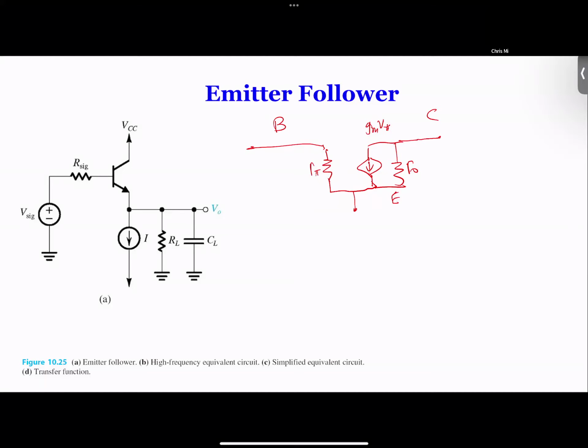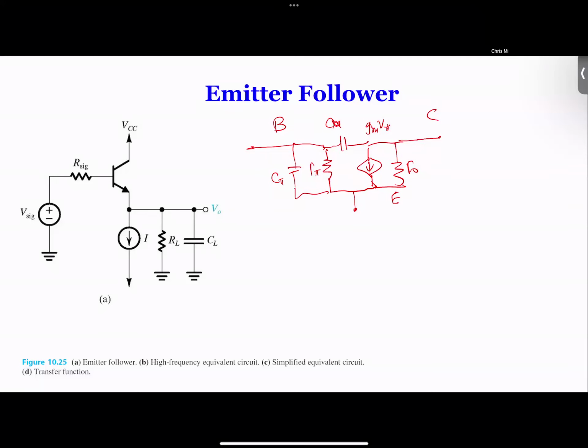So now we're going to add the two most important capacitors to get the actual small signal model for high frequency. There's a C mu over here, and there's a C pi over here. Okay, so now we're complete with the small signal model.